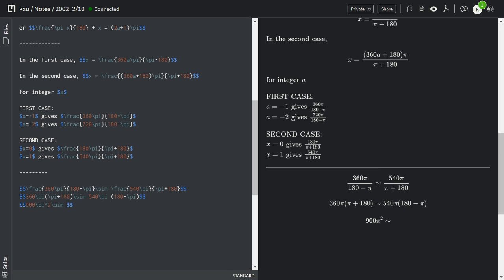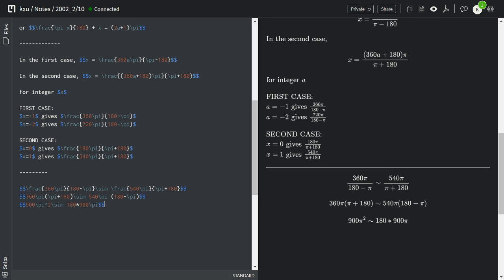It would be 540 times 180 plus 360 times 180, so 180 times 900 pi. And when we cancel out a pi, obviously the right side is larger. So that means the left side is smaller and the a equals -1 case is smaller.